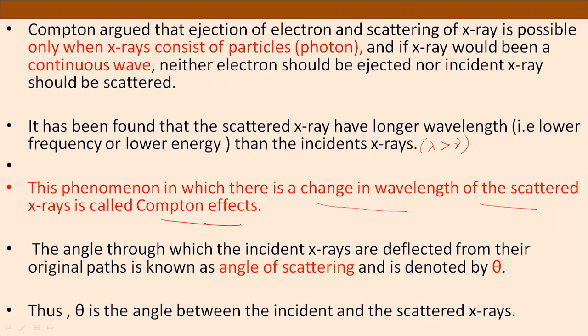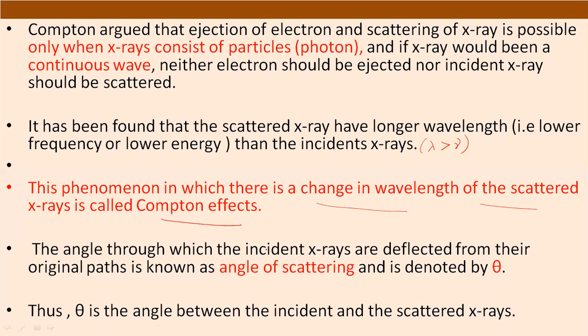And the angle through which the incident X-rays are deflected from their original paths is known as the angle of scattering, and is represented with the symbol theta. So here theta is the angle between the incident and the scattered X-rays. These are the important points we have to remember under the Compton effect.